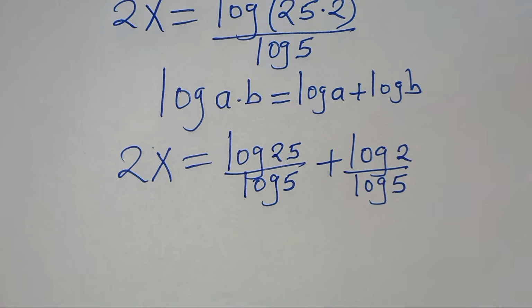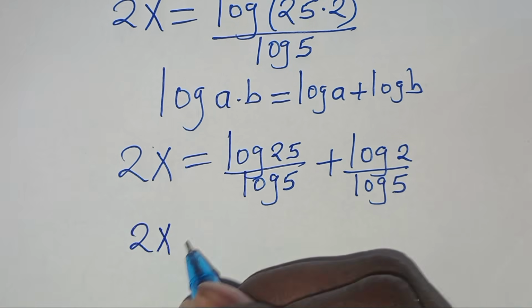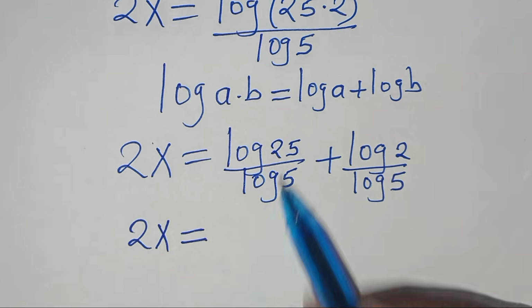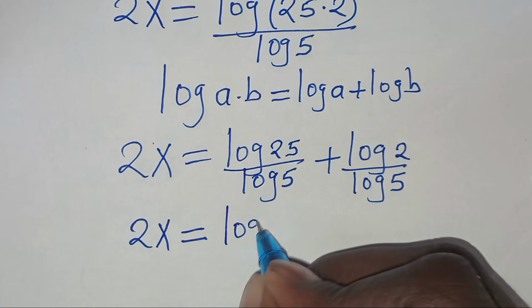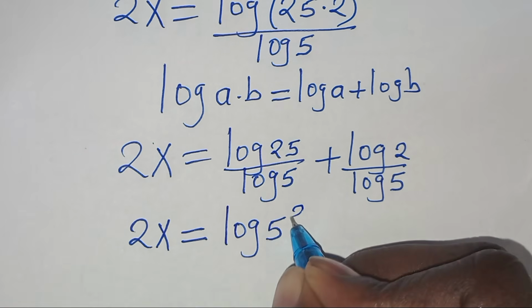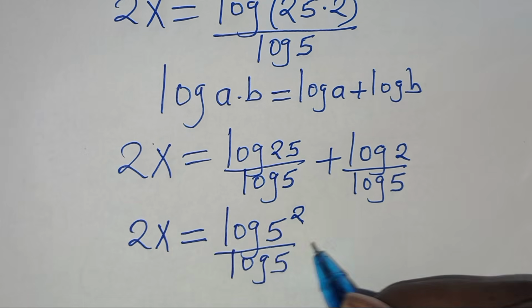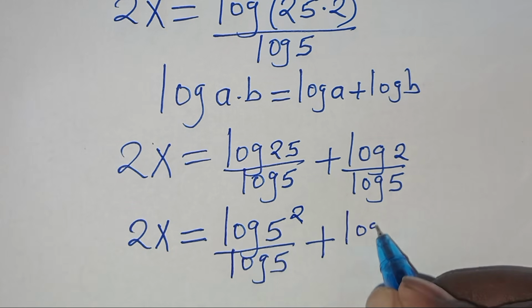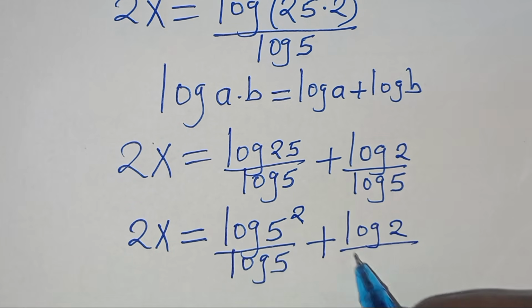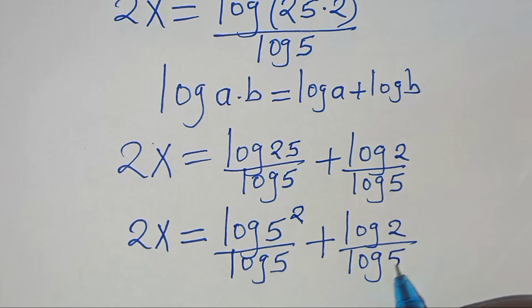Now we have 2x equal to log 25, which we can express as log 5 raised to the power of 2, divided by log 5, plus log 2 divided by log 5.